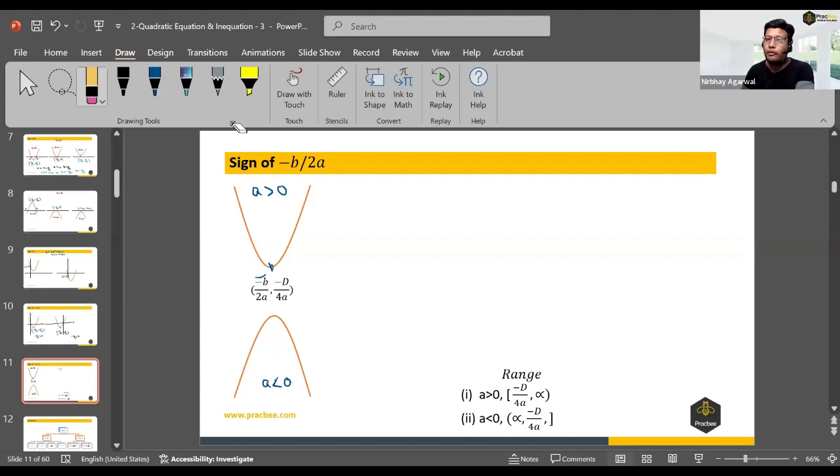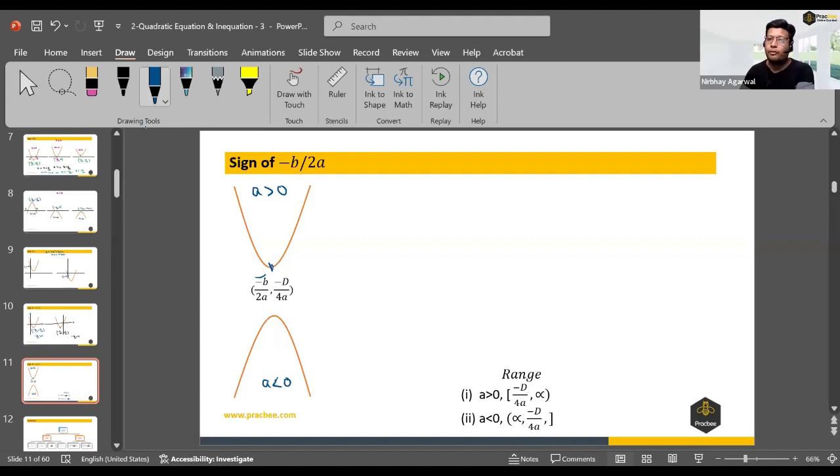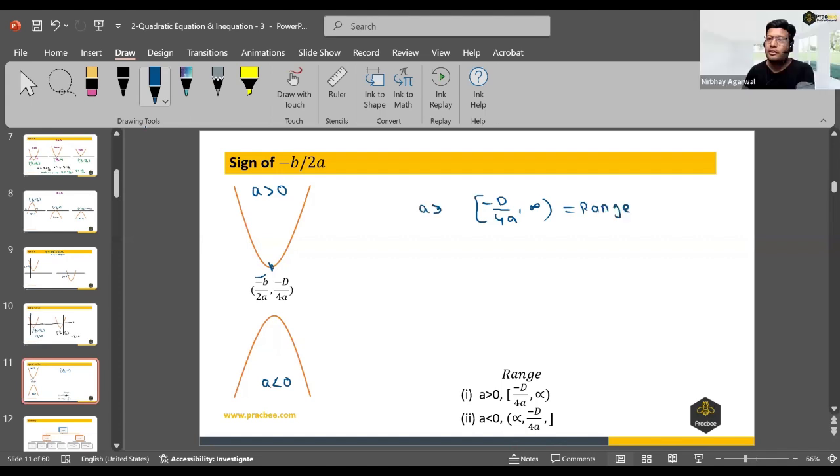And if you want to find the range, we know that we check the range at the y-axis. So what will be the y coordinate here? Minus d by 4a. So it starts from minus d by 4a and it will go till infinity, because we don't have any end point of the graph. So this is the formula of the range when a is greater than 0.